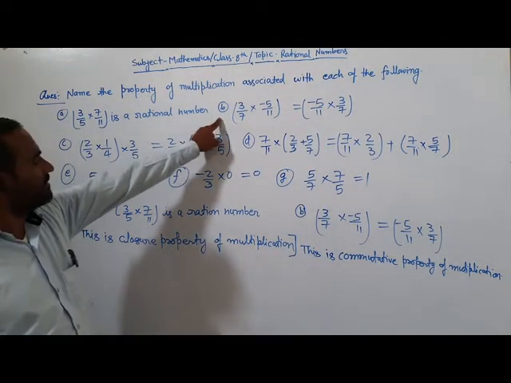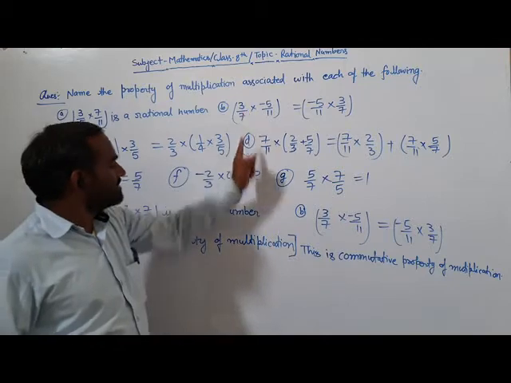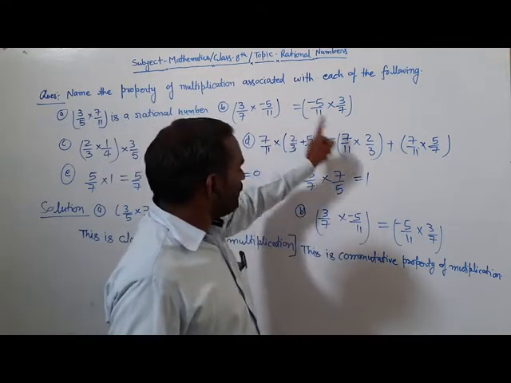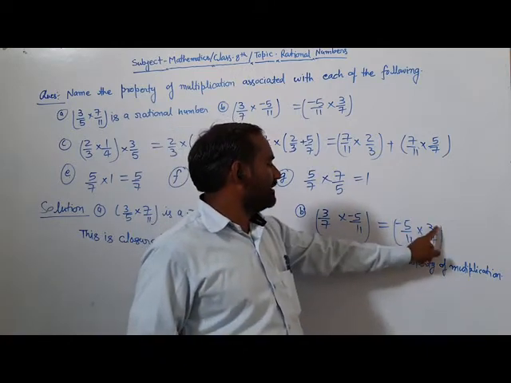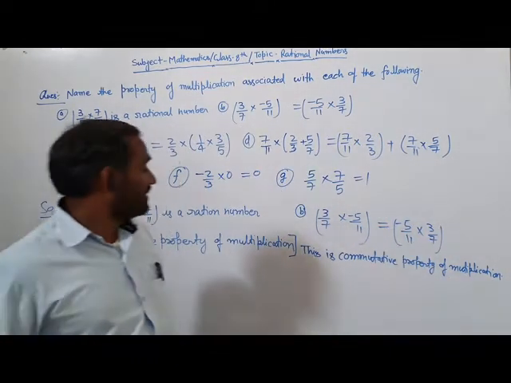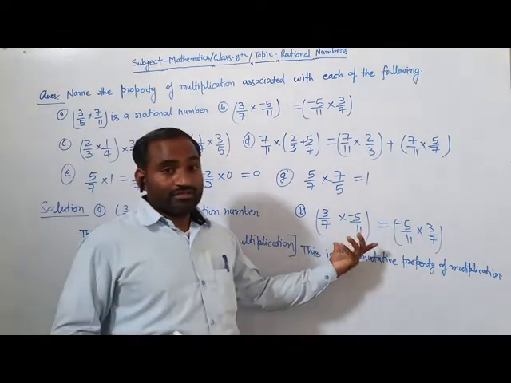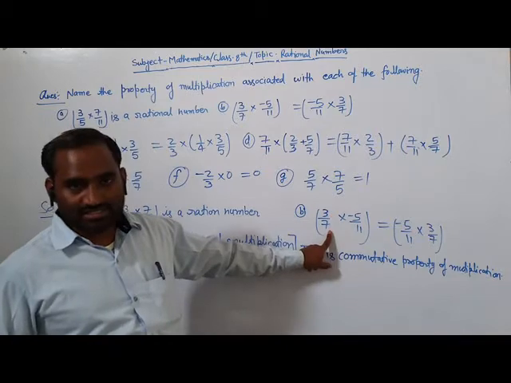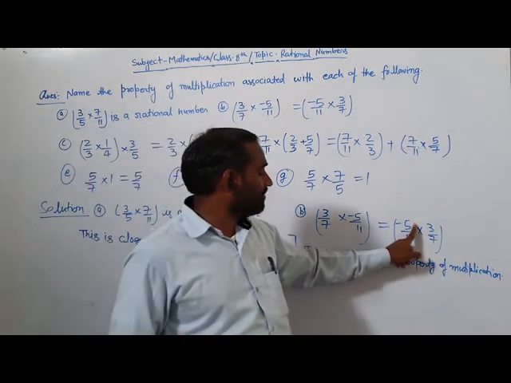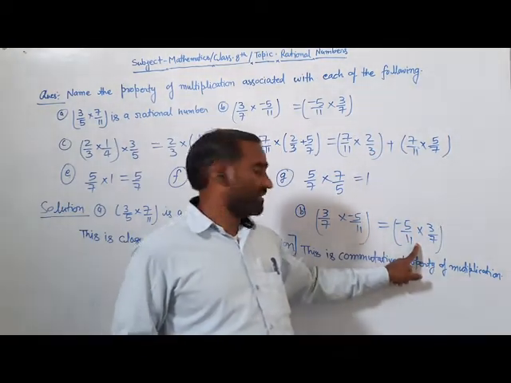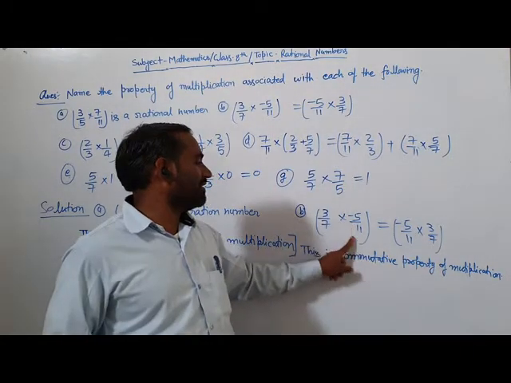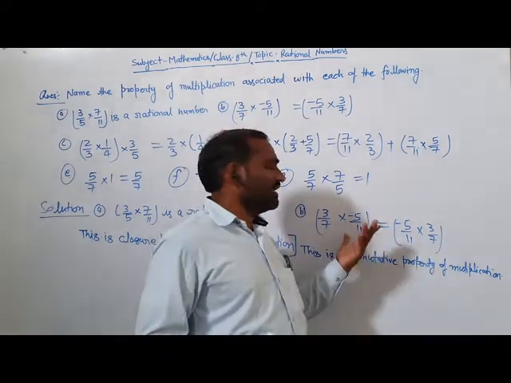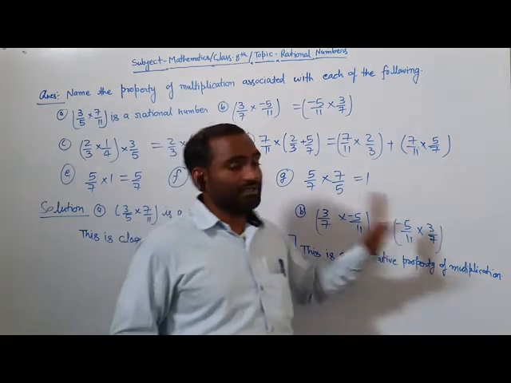Take B. 3 by 7 into minus 5 by 11 is equal to minus 5 by 11 into 3 by 7. Here the order is changed. Here 3 by 7 is the first rational number, but there minus 5 by 11 is the first. Only the order is changed and both are equal.